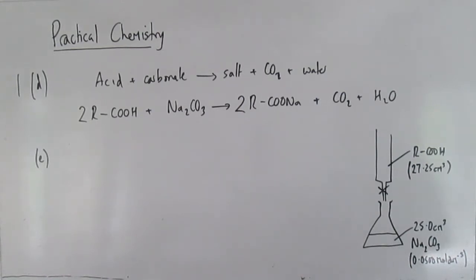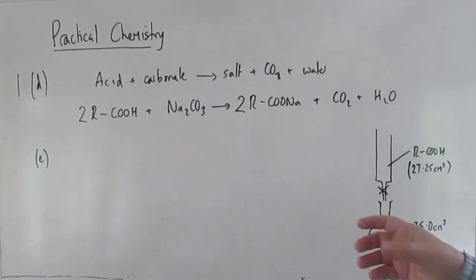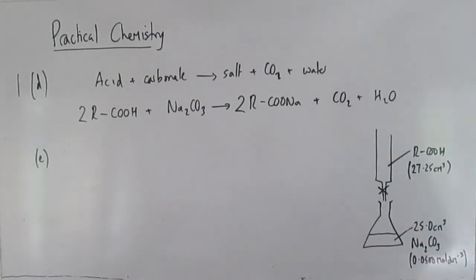So it tells you in the question that you take a 25.0 cm³ sample of the sodium carbonate solution you've made up. It doesn't matter that you made up 250, that's not relevant now, because you're talking about each individual titration. That's what your calculation is based on. So what matters is that using that standard solution that you've made up, you have 25 cm³ of that. So that means that's what goes into the flask. If it tells you you've got a 25 cm³ sample, that was what you measured with a pipette and put into the flask.